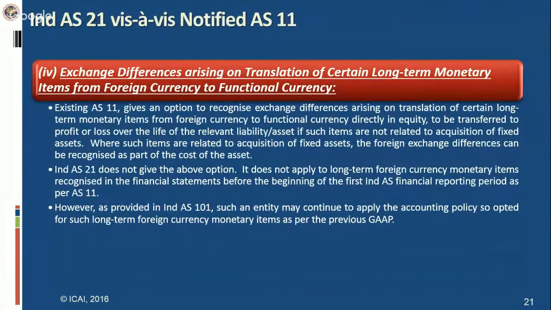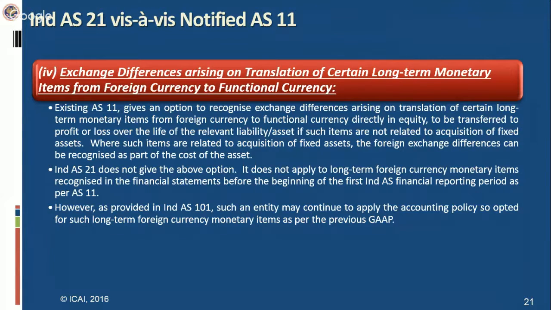Now, this is a fourth point where AS 11 is different from Ind AS 21. How? Exchange differences arising on translation of certain long-term monetary items from foreign currency to functional currency.